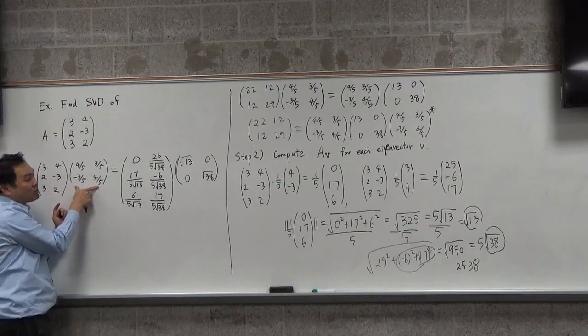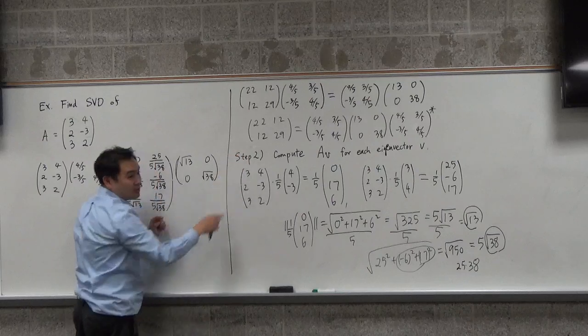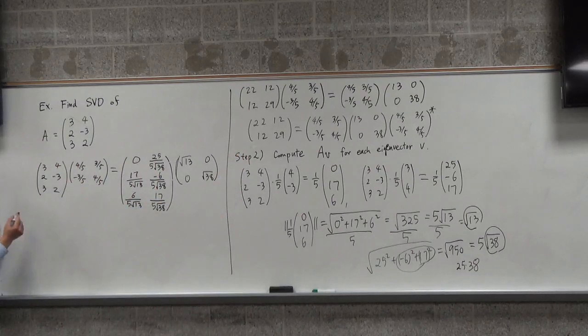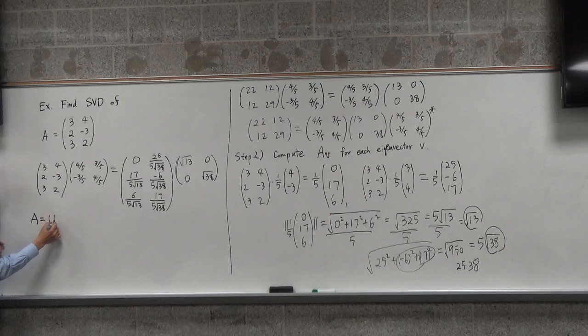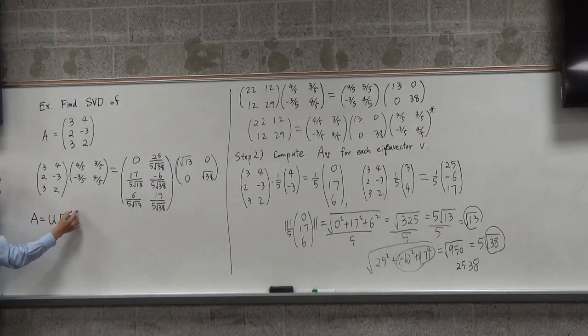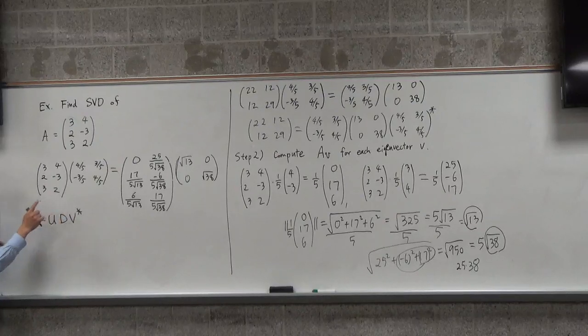So if you move this to the right side as the star, then the usual singular value decomposition, what's the form of singular value decomposition? It's A equals U times the diagonal times V star, where U and V must be orthogonal for the real case and should be unitary for complex matrices. And the diagonal is a diagonal matrix.